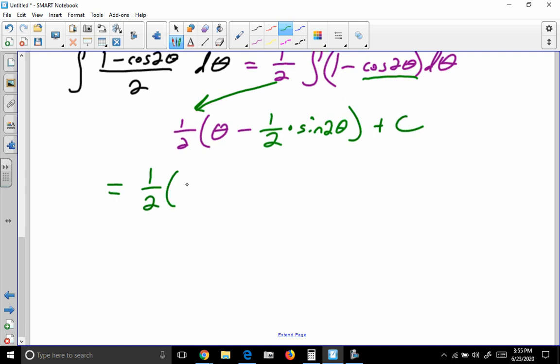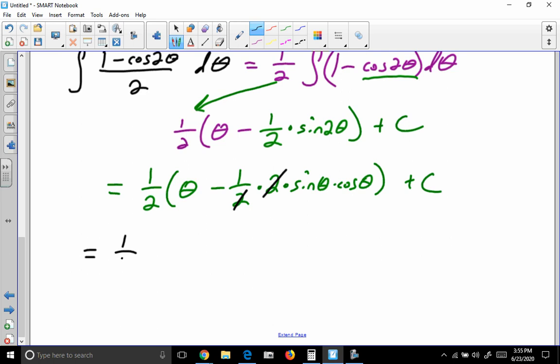So we have a 1/2 out front, that's theta, and sine 2 theta is equivalent to 2 times sine times cosine. A double angle identity. So that 2 and that 2 cancel, so we get 1/2 theta minus sine times cosine. So we just need to replace each of these pieces using our triangle.